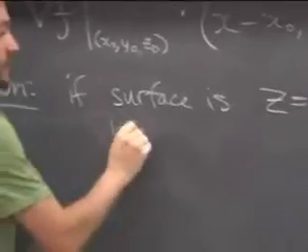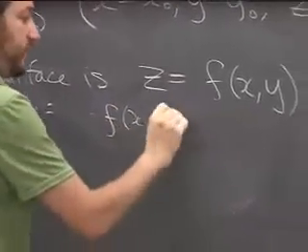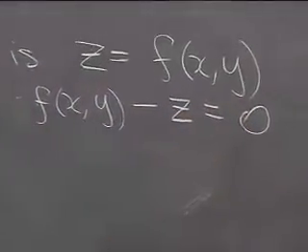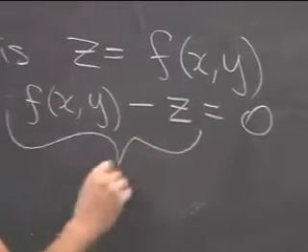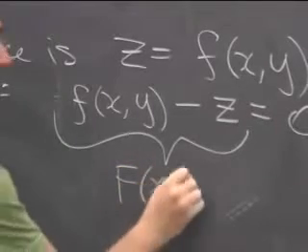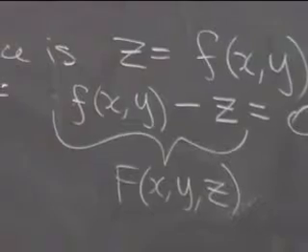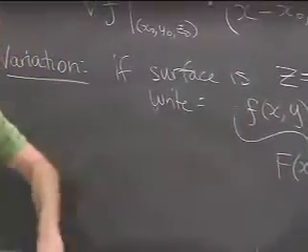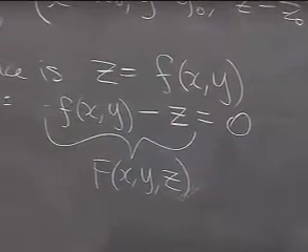Just write it like this: f of x, y minus z equals 0. That's the same thing, obviously, just subtracting z from both sides. And if you think of this as the function capital F of x, y, z, a function of 3 variables given by that formula, it reduces it to the other problem.